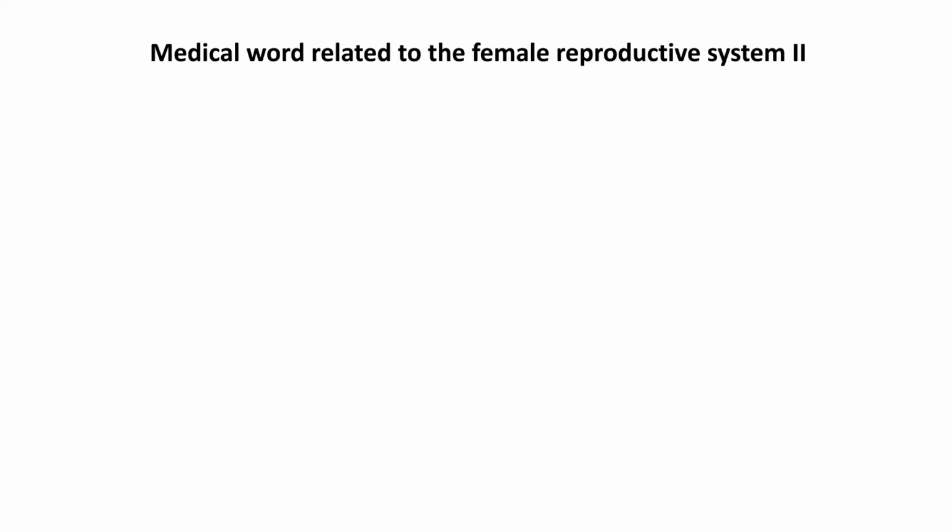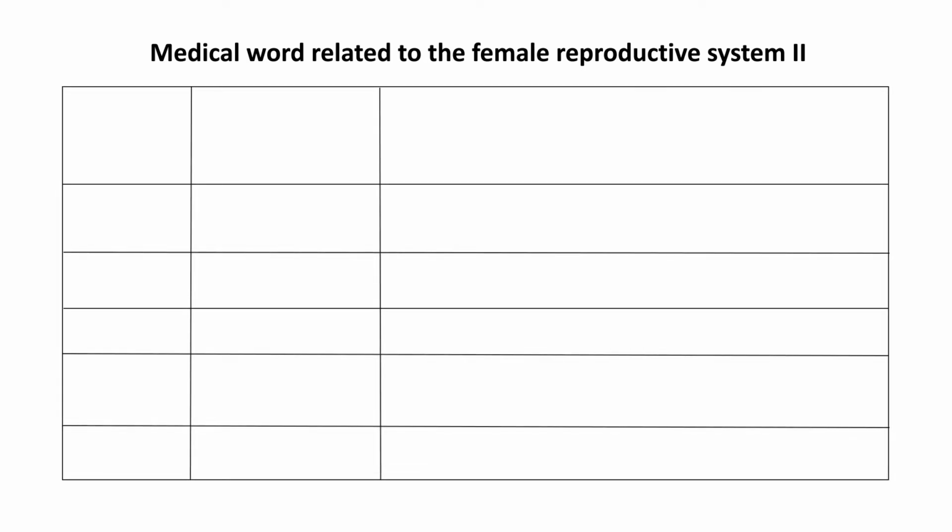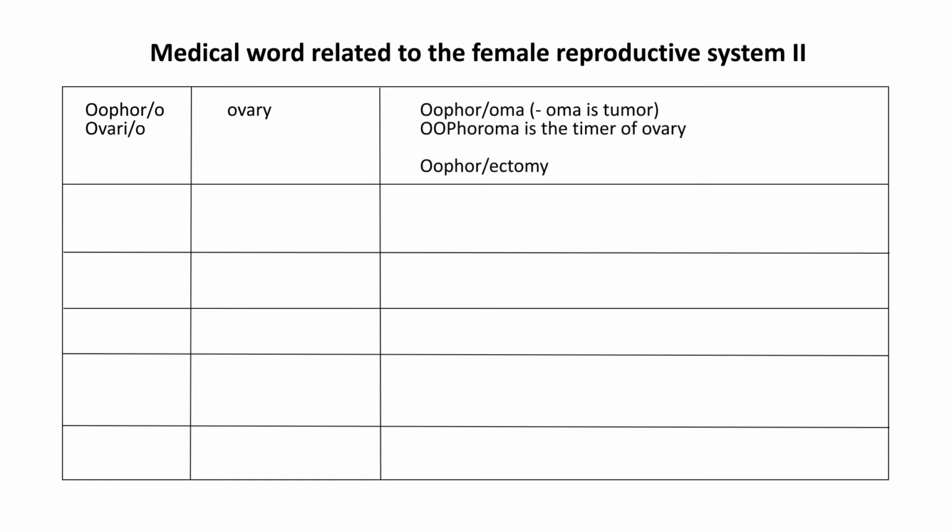This is more of the medical words related to the female reproductive system, like oophor or oophoro, meaning ovary. So the word oophoroma means a tumor of the ovary. Oophorectomy means the cutting out of the ovary. Salpingo means fallopian tube.